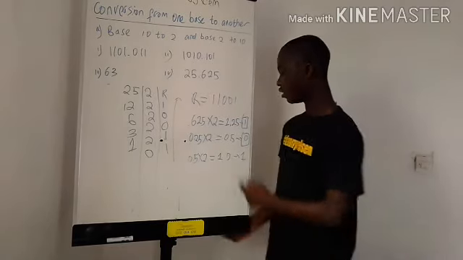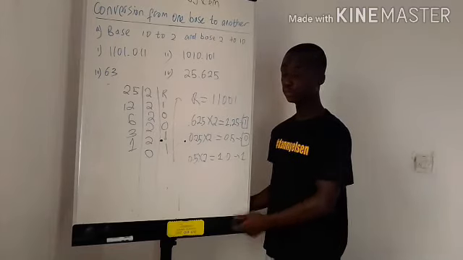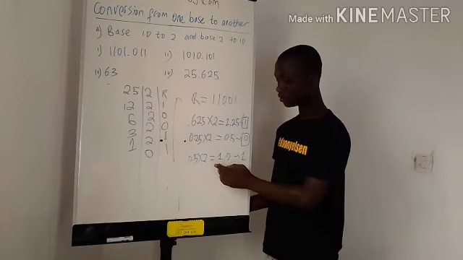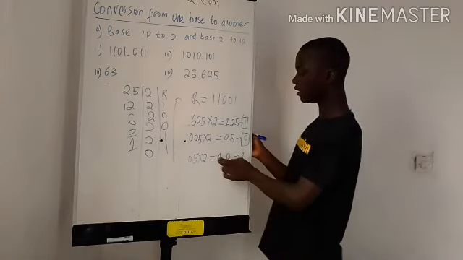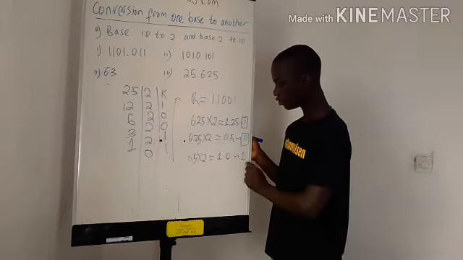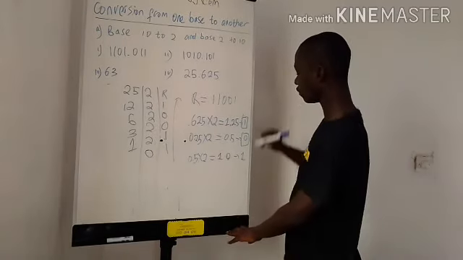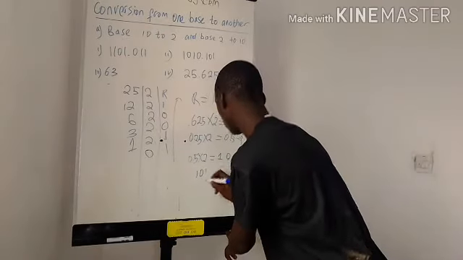We'll keep the 1. But you realize that if you continue with a 0, we forever have zeros, and anything multiplied by 0 will always be 0. So we stop whenever we reach this point, 0 as the fractional part. So again, you see, take it from the top down. In that case, we're going to have 1, 0, 1.